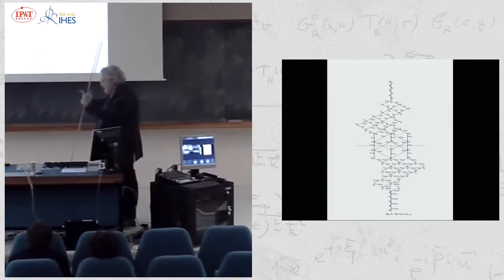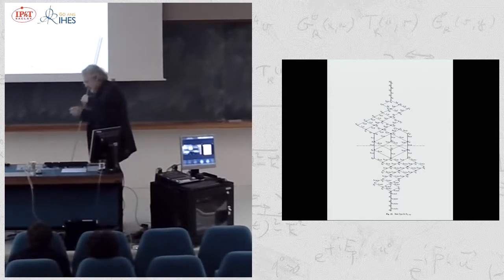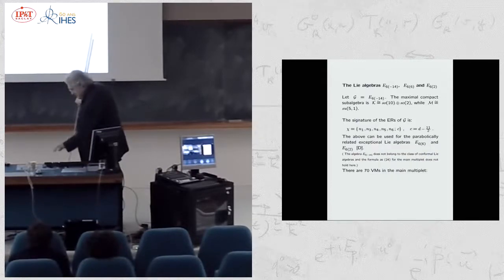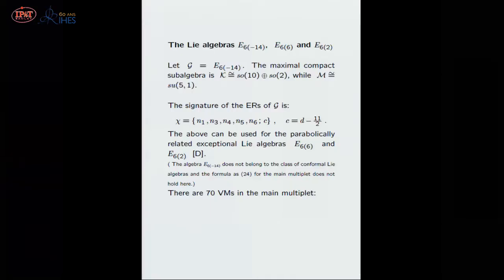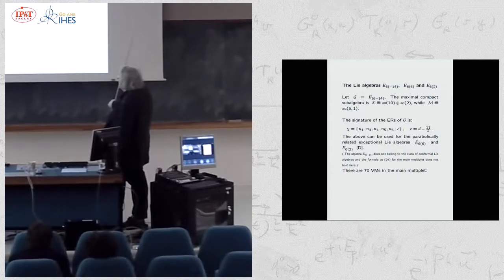Okay, so of course we wanted also to see what is the difference when you are not in the class of conformal algebras. So I looked at the algebra, say E6(-14), which is not in this class. And here there is no formula like the formula I devised for the number of representations.